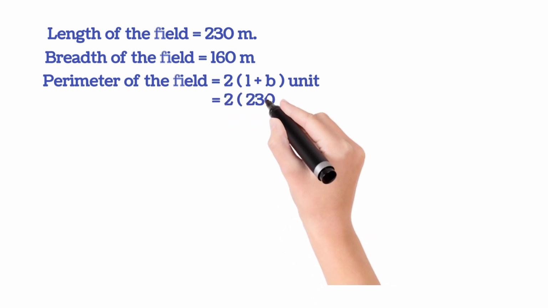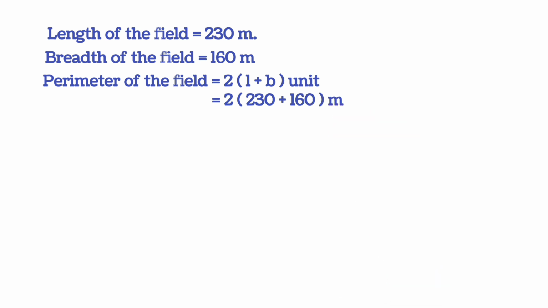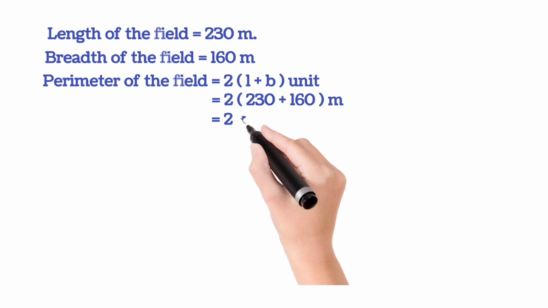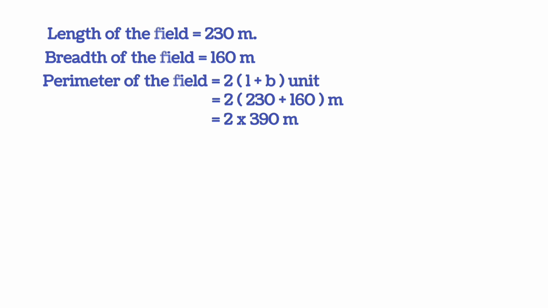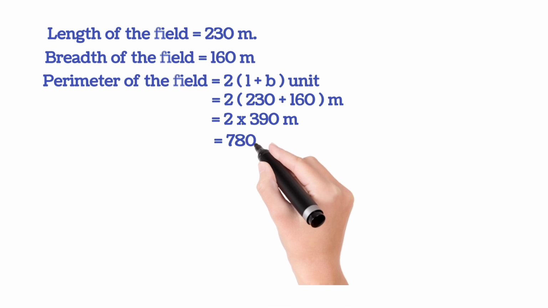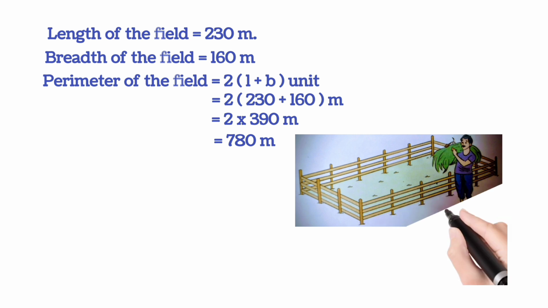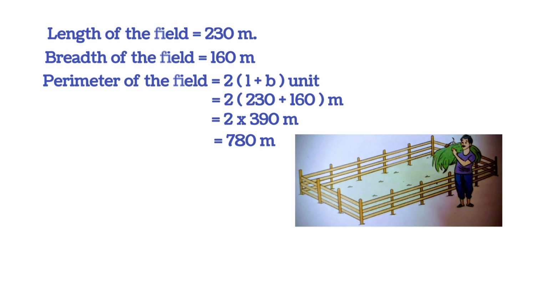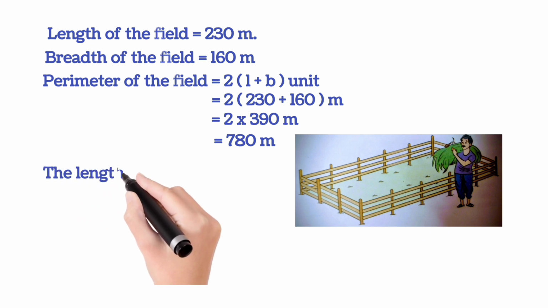Now put the values, length 230 plus breadth 160, inside the bracket. Now add 230 plus 160, so you will get 2 into 390 meter. Now multiply 2 with 390, so you will get 780 meter. This is the perimeter of the field as well as the length of the rope when we complete the first round. The length of the rope is 780 meter, right?